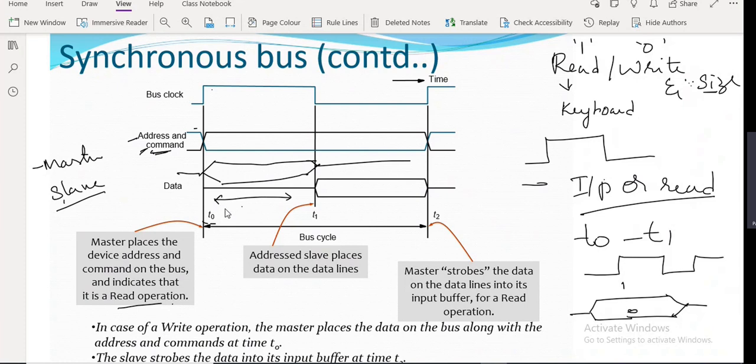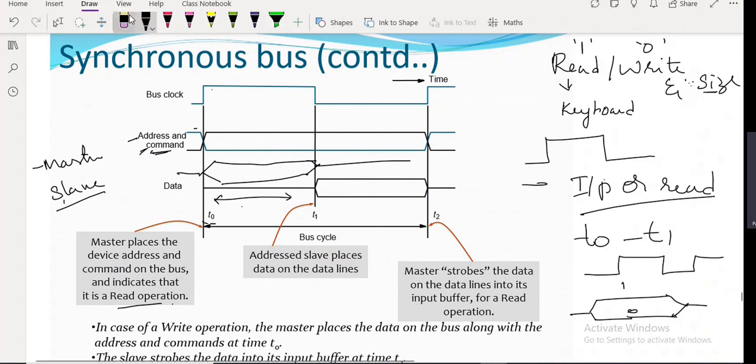Clear? Let me see, quickly write this diagram. I won't give much time, so you need to draw quickly.